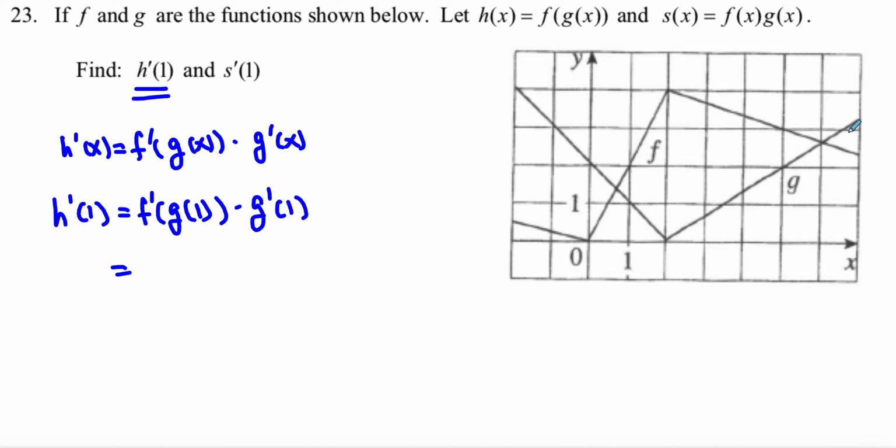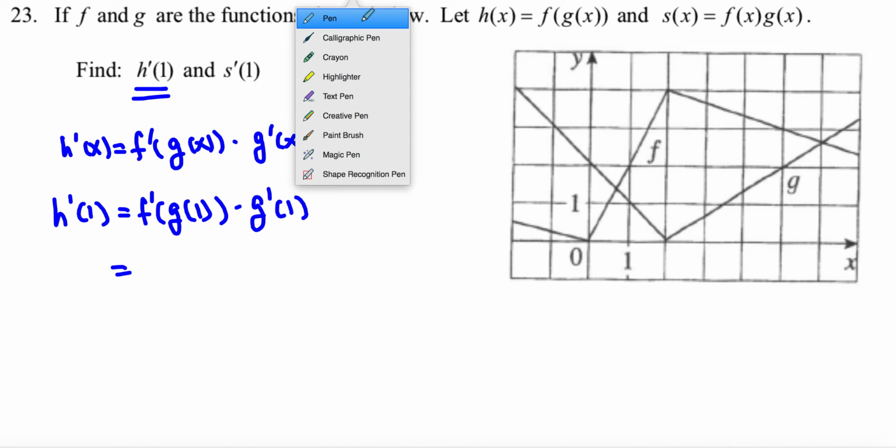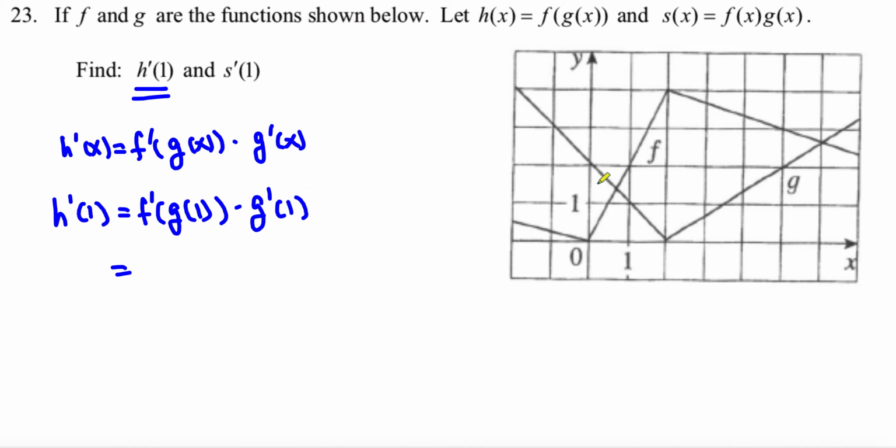G is this line here. Let me highlight this one so that we can see better. The green one is G, and the non-highlighted one is F. When x equals 1, I realize that y is equal to 1 as well for G. So we get f prime of 1 times g prime of 1.